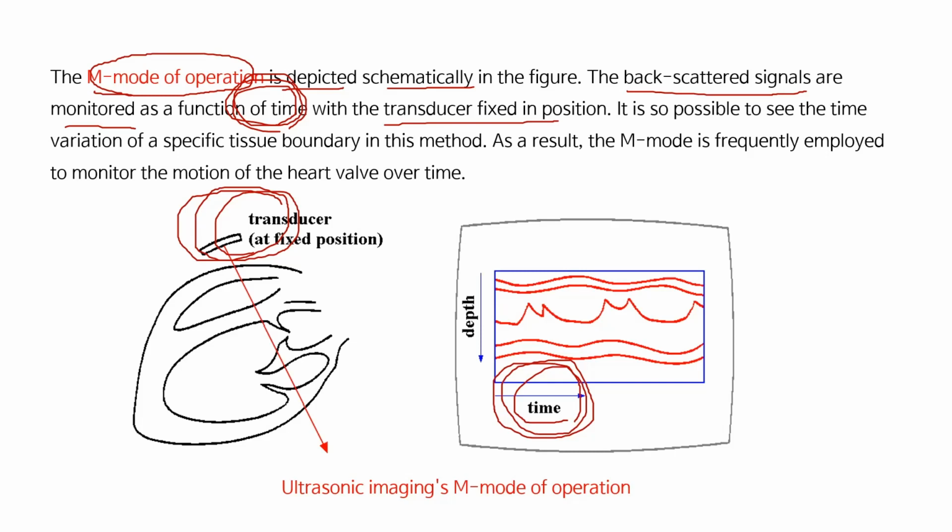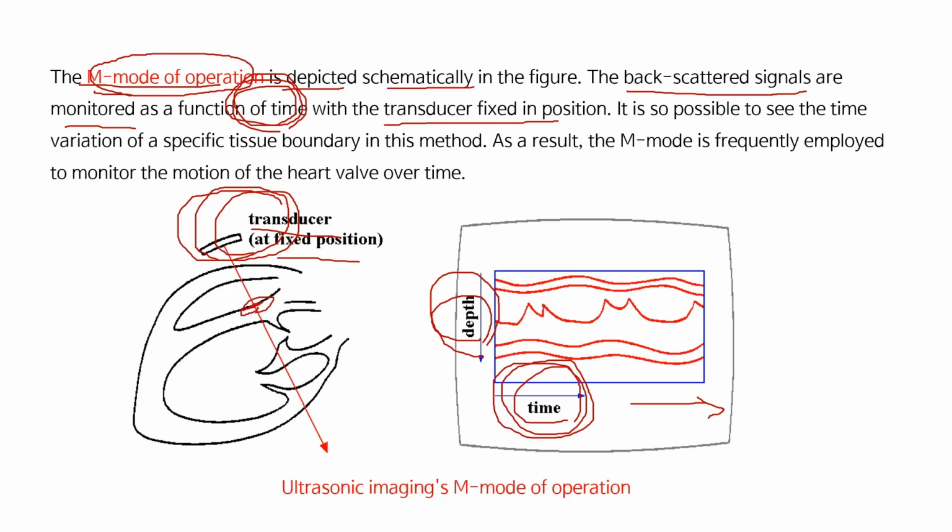In A mode operation, we also fixed the transducer position, but we measured the backscattered signal as a function of the depth of the body from the skin. But in the M mode operation, we measure the backscatter signal as a function of time. So we fix a certain boundary.